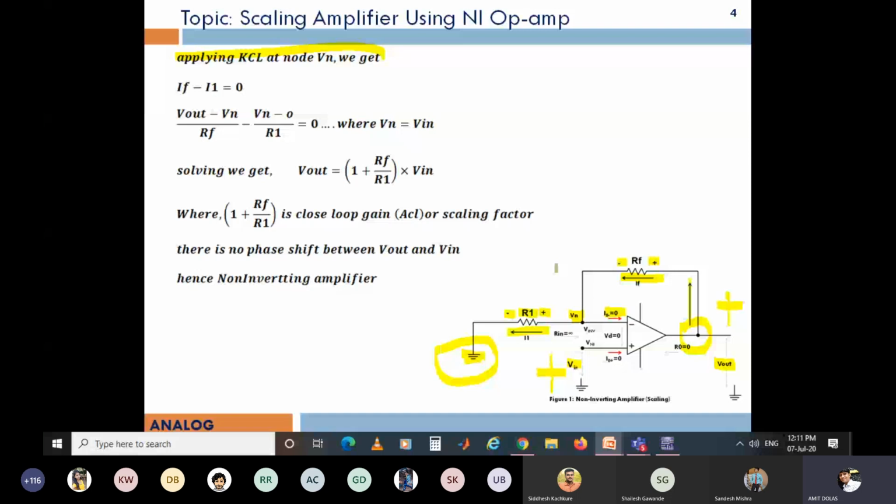So moving to this, as I mentioned, the KCL at node Vn is here. Vn is nothing but the inverting terminal. KCL at that will be feedback current minus I1 equals 0, because the input current to the op amp is equal to 0. Writing this current equation in the form of voltages and resistance. Of course, this end of the resistance is at potential V out.